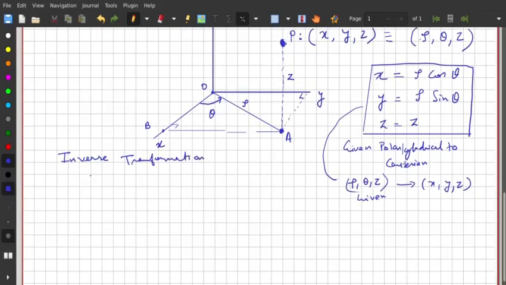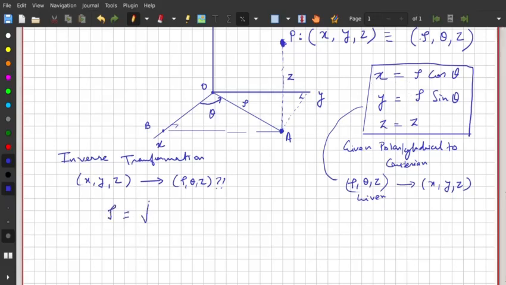The inverse transformation means we are now given x, y, z, and we have to find rho, theta, z, which are unknown. If you see, that is quite easy to write just from these two equations. Rho is the square root of x squared plus y squared, since it's a distance in the xy plane.